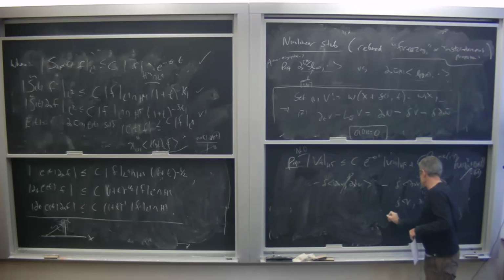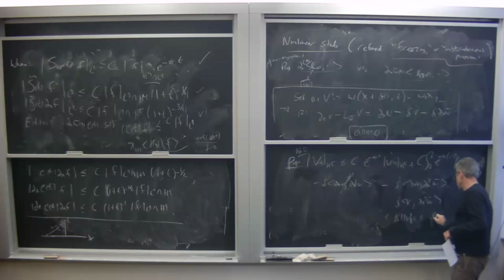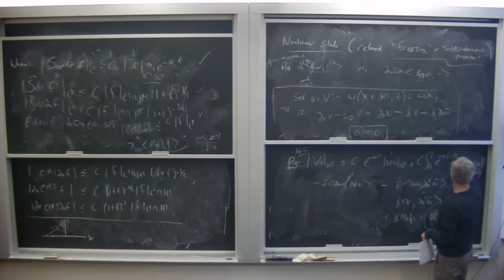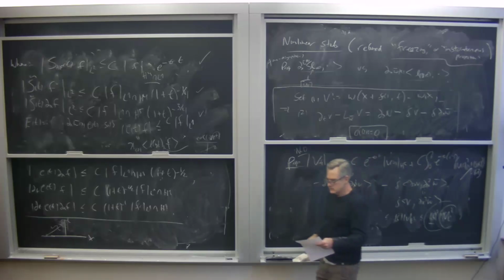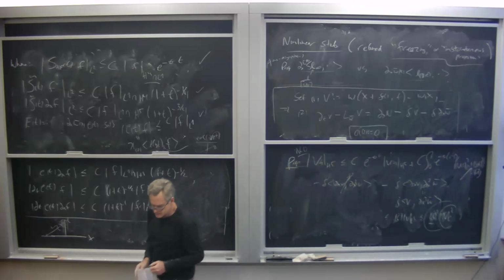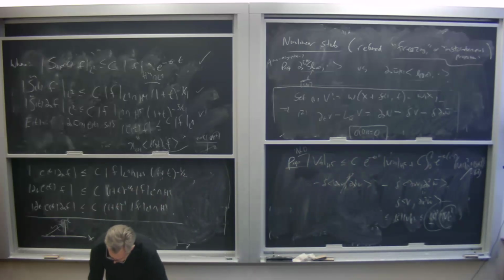And we see that this is less than or equal to delta dot times the L2 norm of V. And that's less than or equal to delta dot squared plus the L2 norm of V squared by Young's. This is a term that we allow, that's what went into this error term. And so the delta dot squared has to go there too. But it's harmless. Delta dot is going to decay faster. All right.